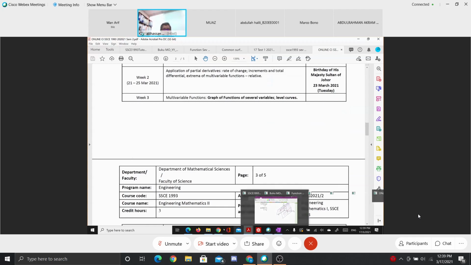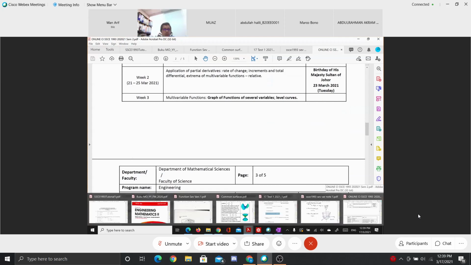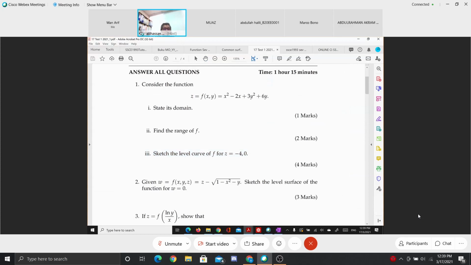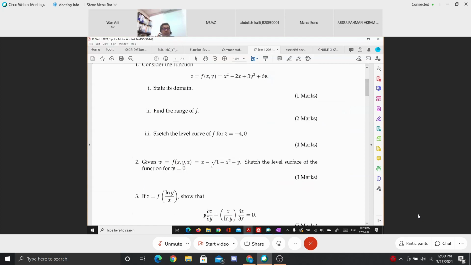But let's look at this question number 2 here. This is a function of 3 variables, right? Previously, we have discussed functions of 2 variables, the graphing, the domain, range, and the graph in three-dimensional space.